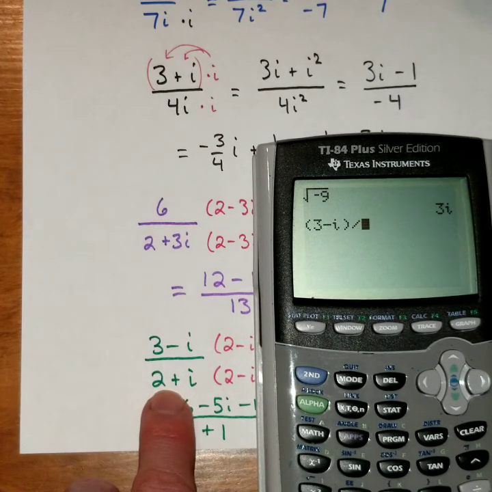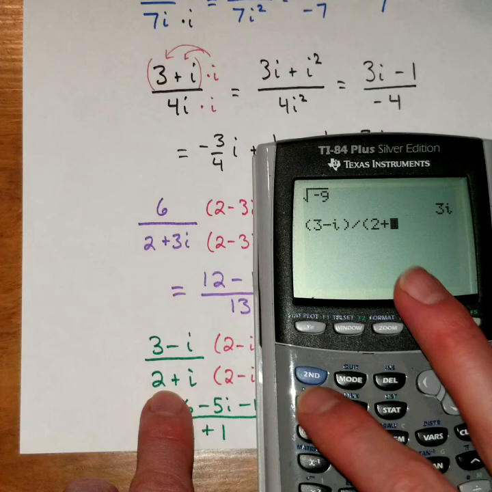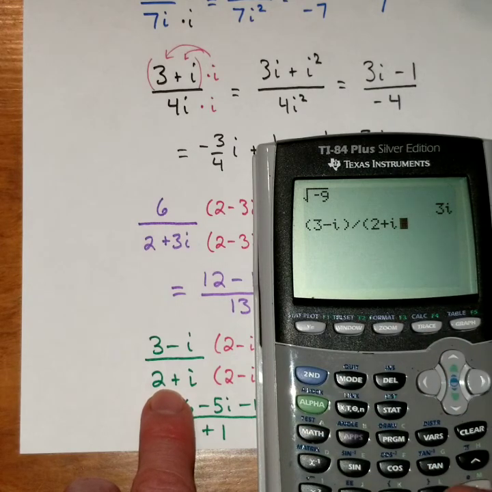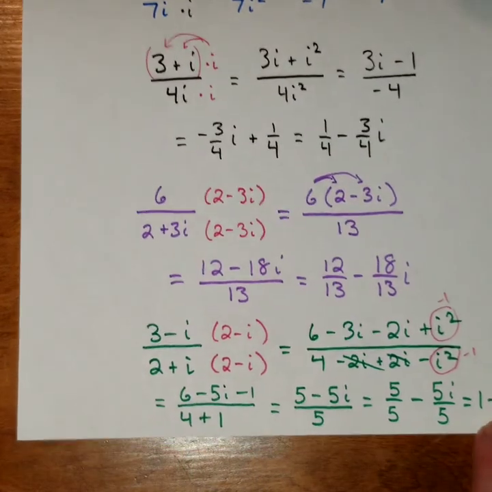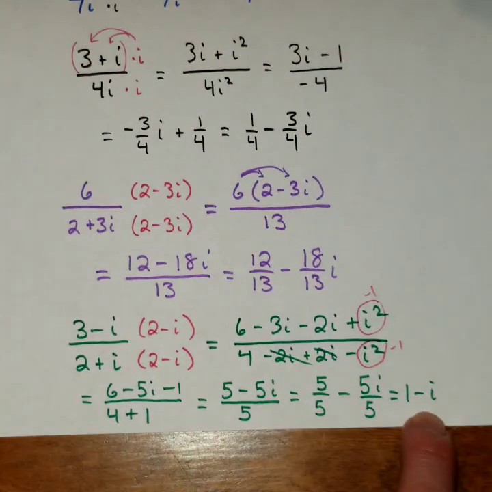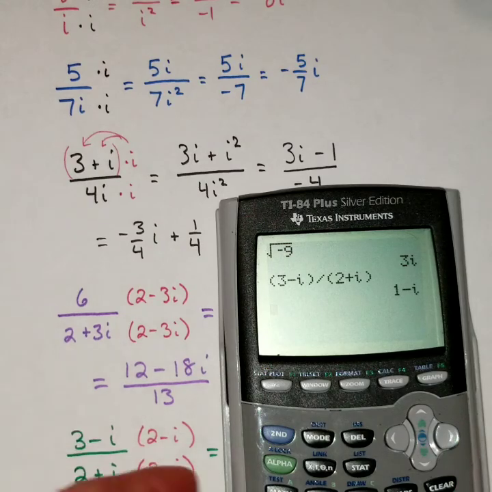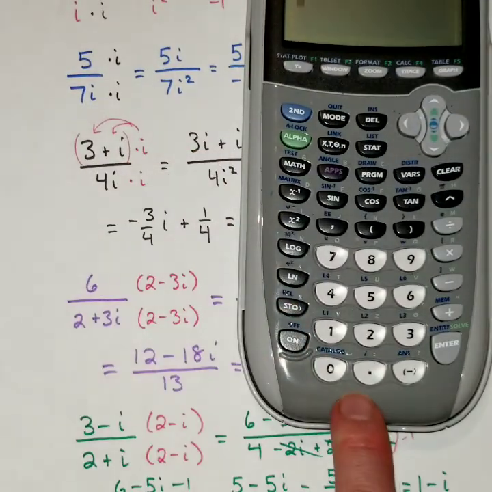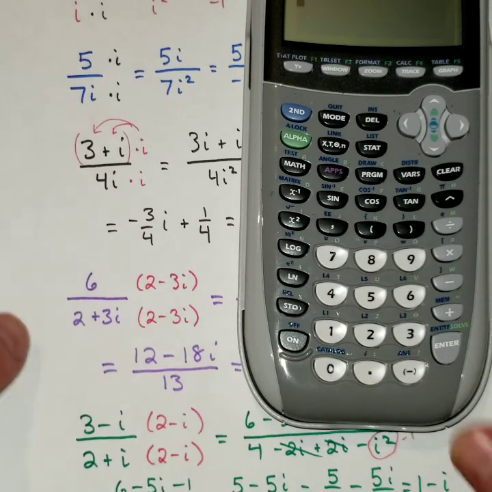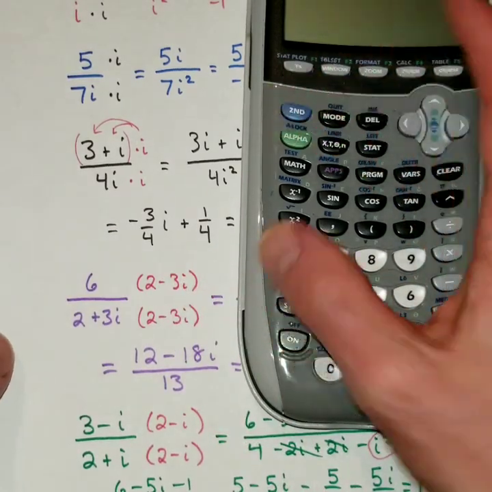Divide that by parenthesis, 2 plus second decimal. That gives me the i again. And that should give me 1 minus i, which is what we found at the end there. Okay, so your calculators can do these. You just need to have it in the right mode and then know where that i button is, which is again the second feature of the decimal, on most of your calculators.